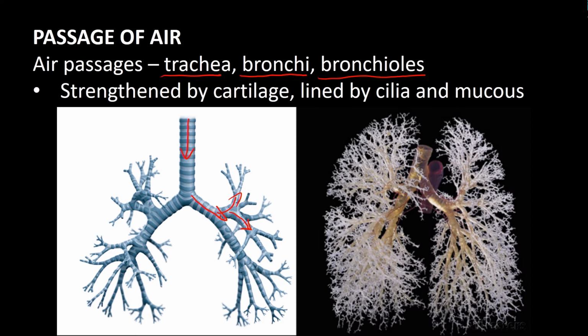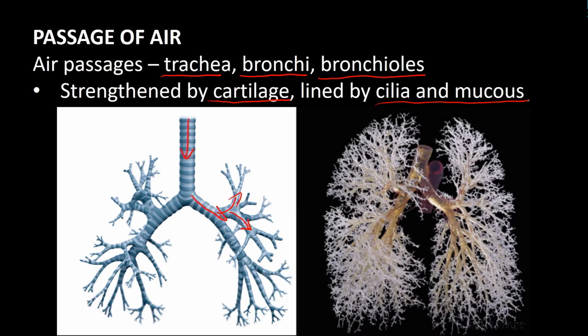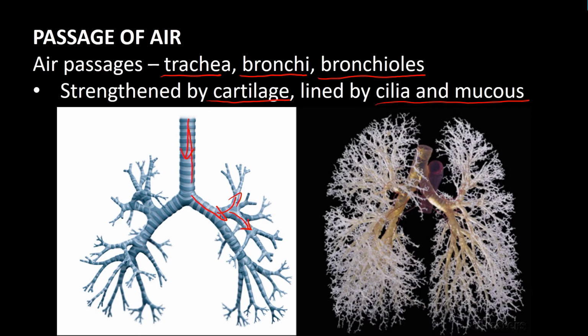To prevent them from collapse, they have cartilage rings or pieces of cartilage, and they also are lined by cilia and a layer of mucus to try and trap any particles of pollution or smoke or anything like that, so that it doesn't get stuck in your lungs. Because once it's stuck in the alveoli, you can't get it out. If the smoke gets stuck here on the side of your trachea, there are cilia which can actually push it out and you can cough it up.